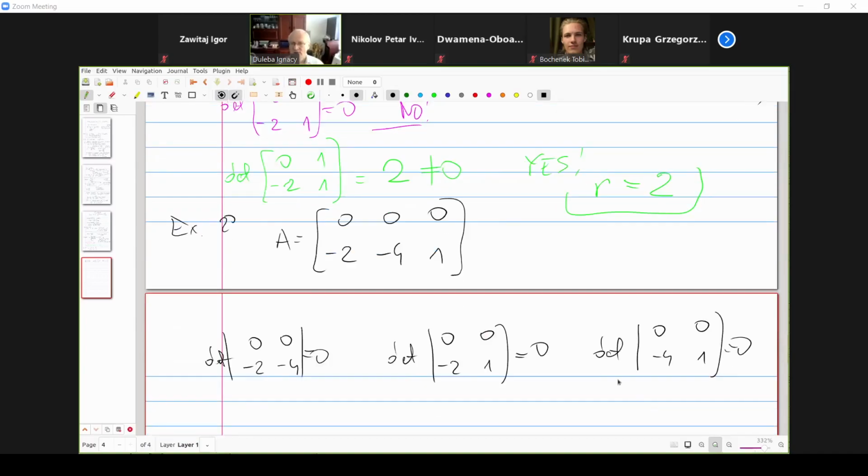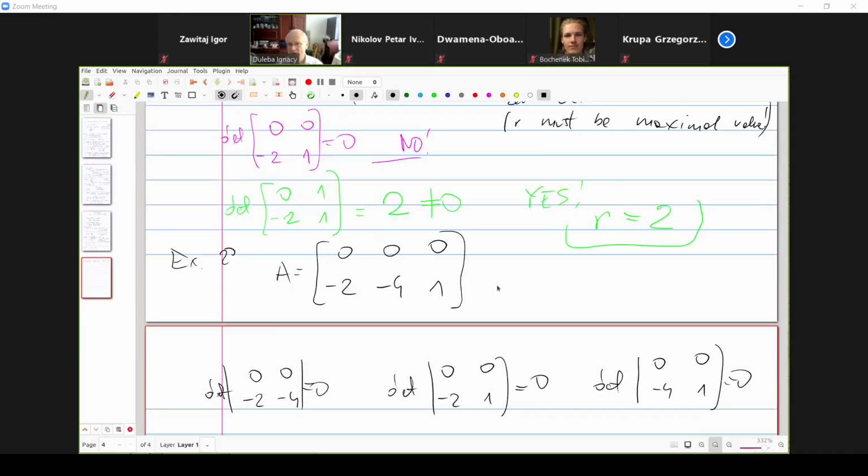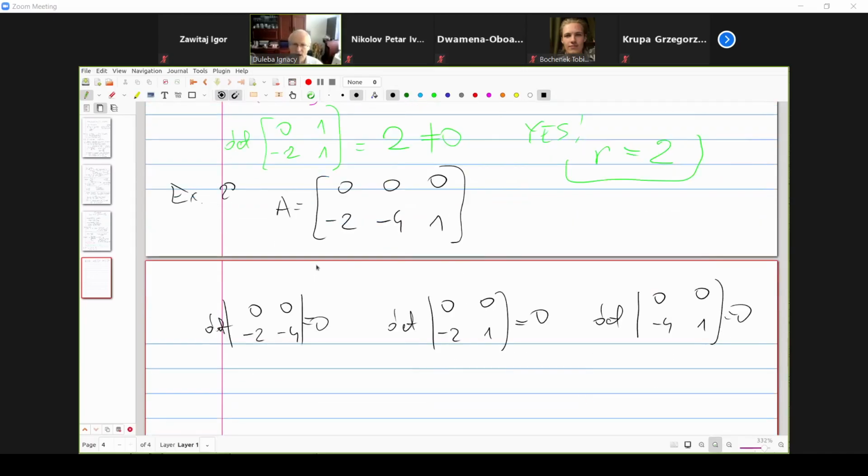So what is the conclusion? The conclusion is that the rank of this matrix isn't equal to 2. Why? Because I've selected all 2 by 2 matrices and all of them have determinants equal to 0. So maybe I need to check whether R is equal to 1. So I select 1 by 1 submatrices.